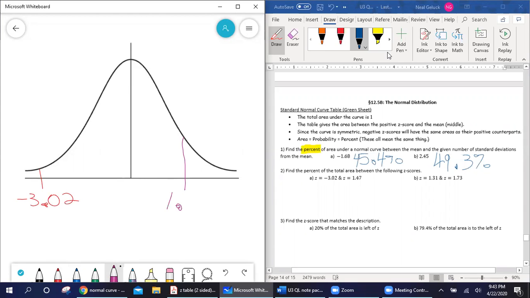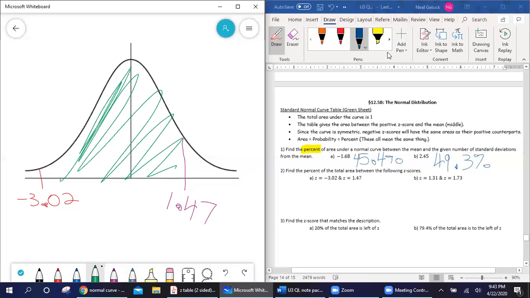Now don't worry about how far over you draw these z-scores. I know a little bit more about where they are just because I've dealt with them. But as long as you have positives on the right, negatives on the left, you're good. Now, what it's actually asking me for is this entire area. But remember, my chart only tells me things to the middle, to the mean.